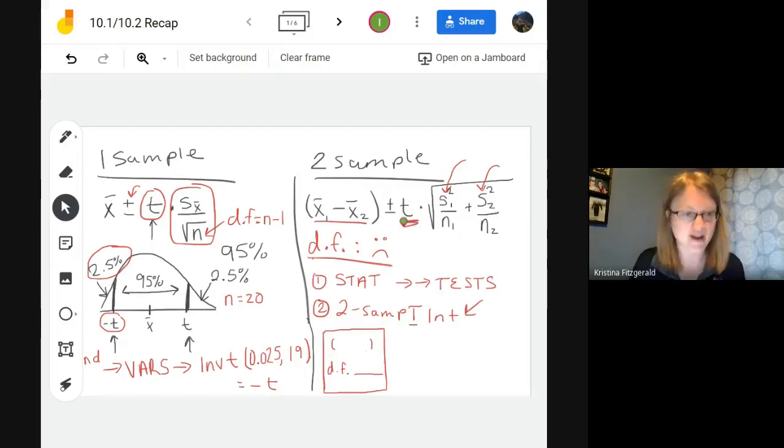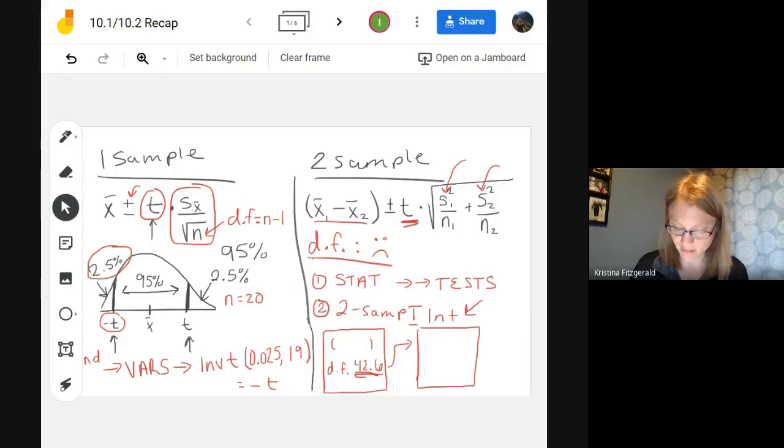So let's say the degrees of freedom for this hypothetical is like 42.6. Then you go on your calculator a second time and find the T number that goes with whatever area I'm using, which usually is going to be a 95% interval.